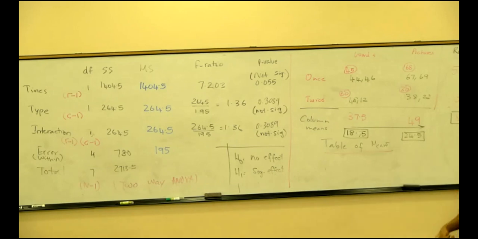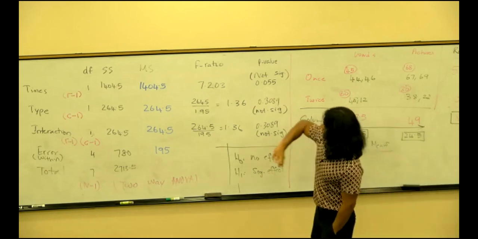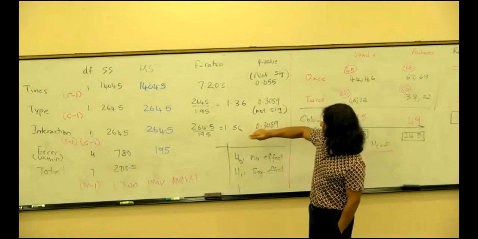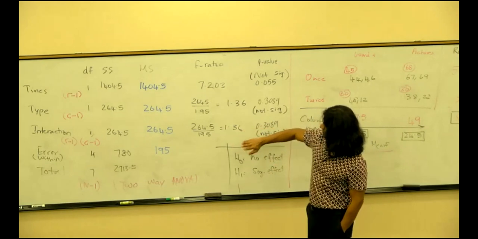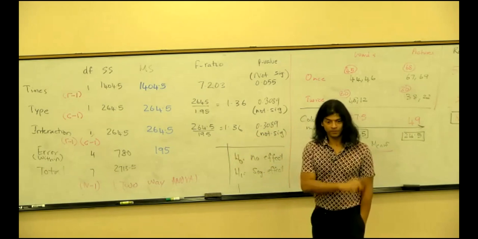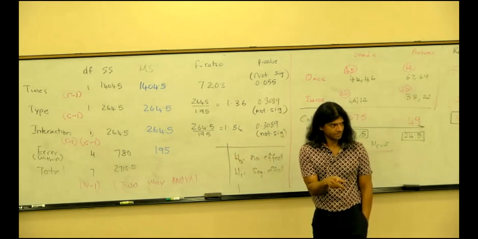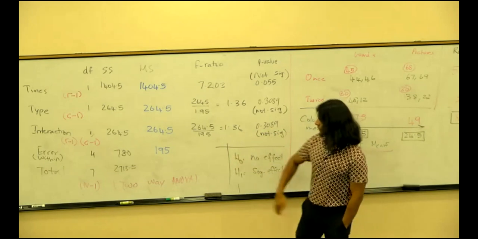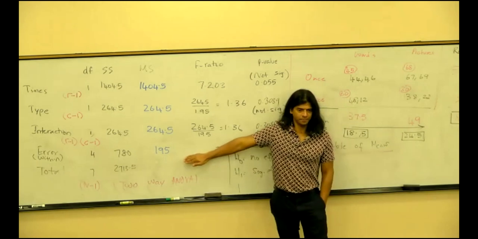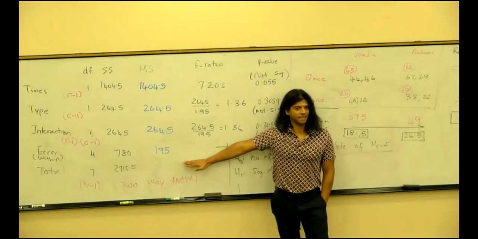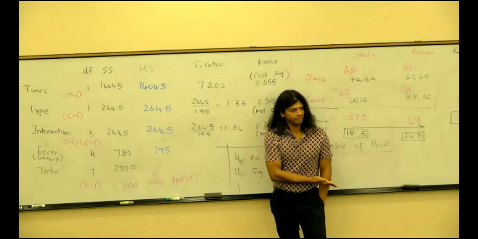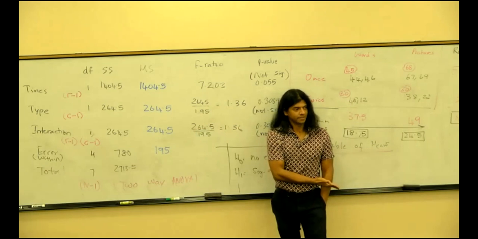So don't use this table. I'm going to do the exact same thing using a calculator. All you have to do is come up with this table. If you have this table, you can make inferences right away. Good?